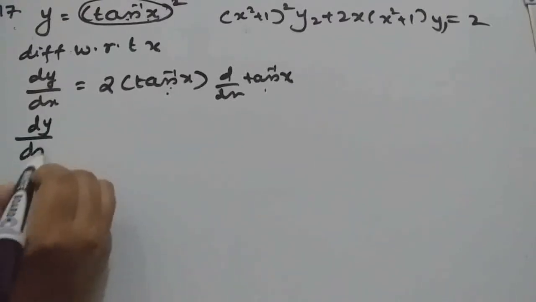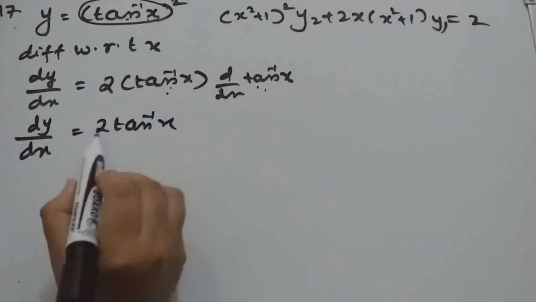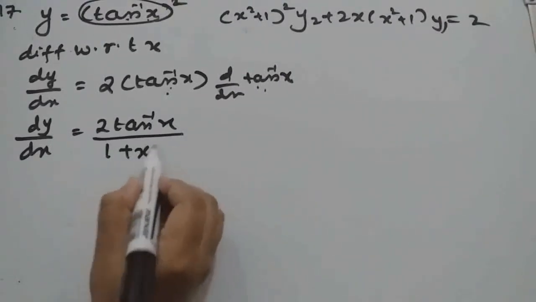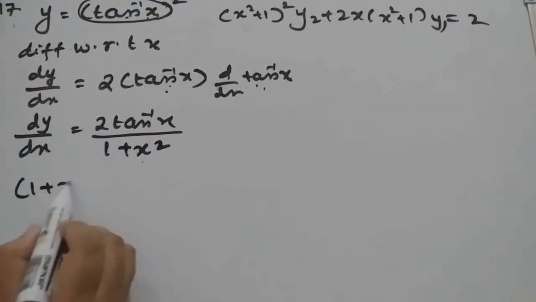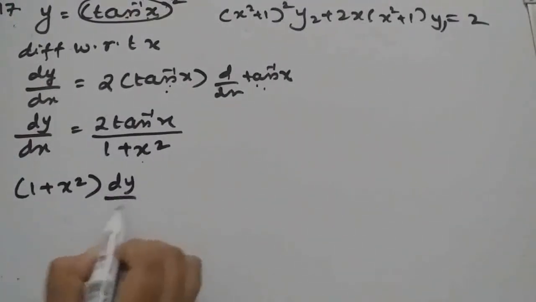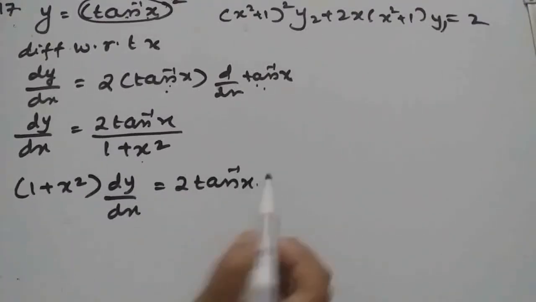So dy by dx will be 2 tan inverse x. Derivative of tan inverse x is 1 by 1 plus x square. Now this denominator we can shift here. 1 plus x square dy by dx equals 2 tan inverse x.